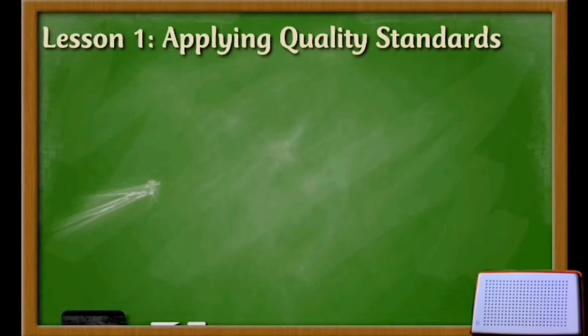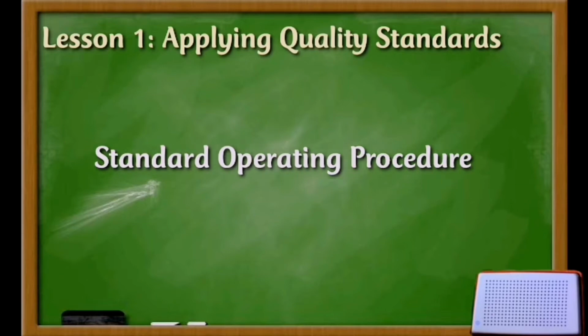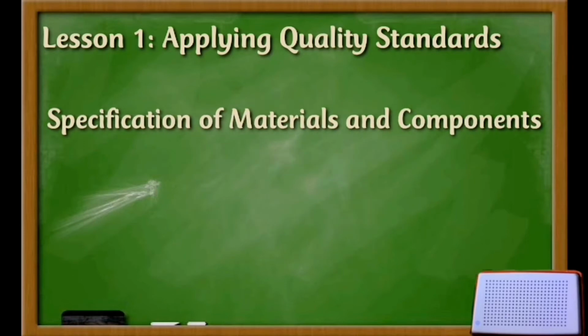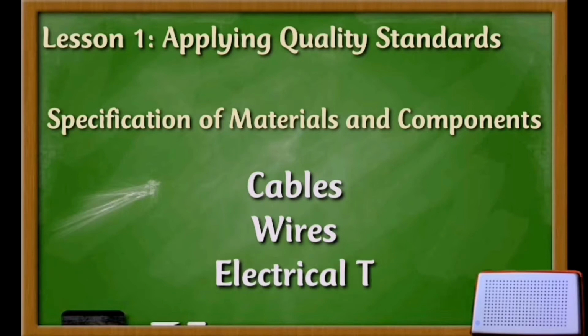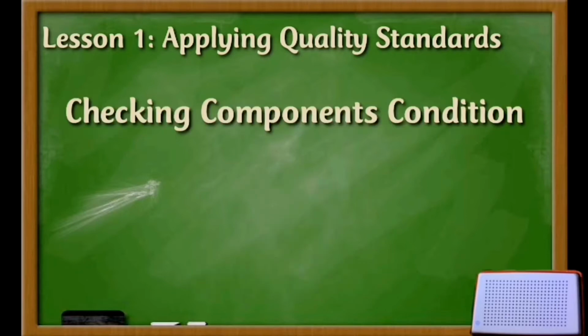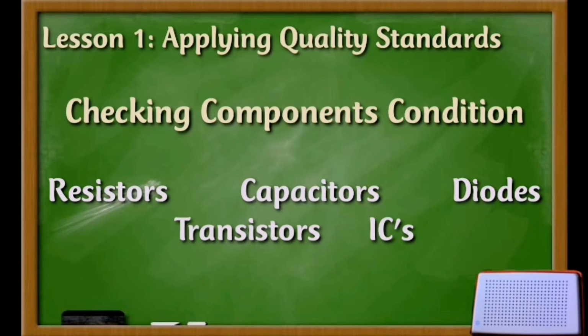Under this we will be tackling standard operating procedures at work, work instructions, specifications of materials and components such as cables, wires and electrical tapes. Checking components conditions is also included such as resistor, capacitor, diodes, transistors and ICs.